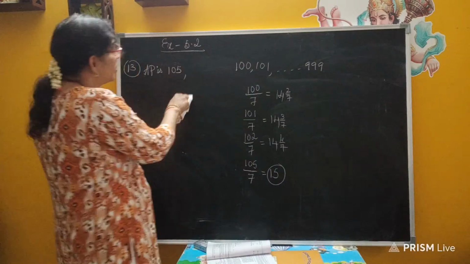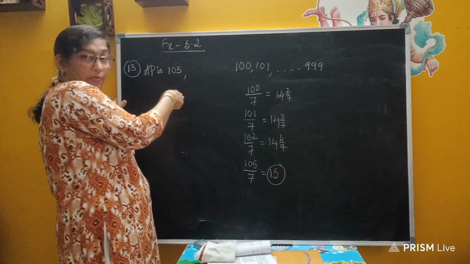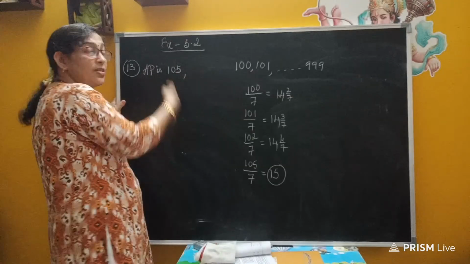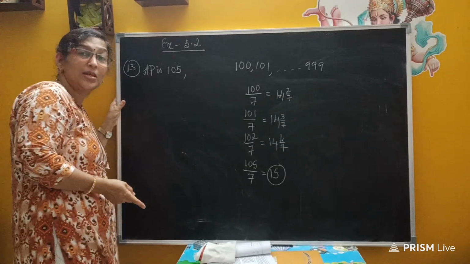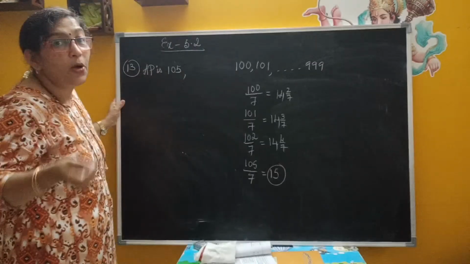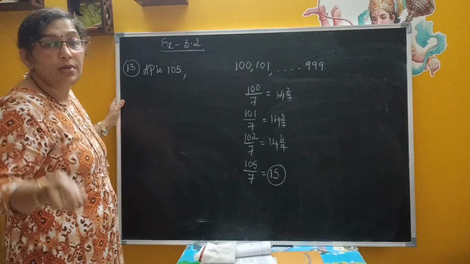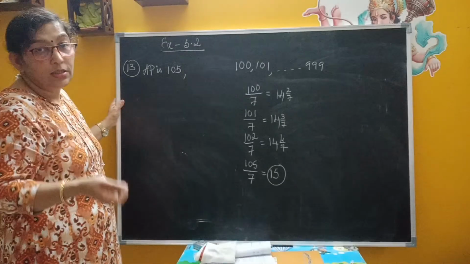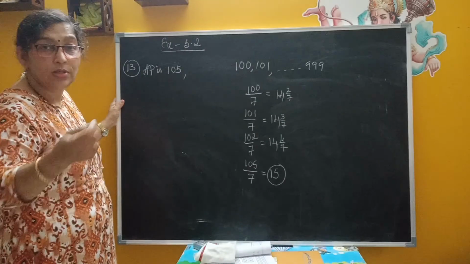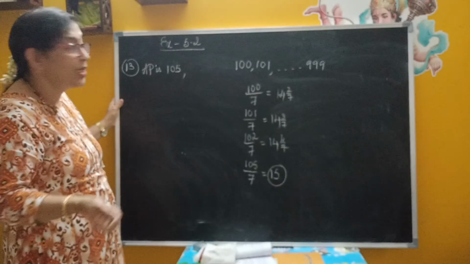Okay, so now the first term is 105. Each term increases by 7. You know how to get the table, isn't it? Multiplication tables. You keep on adding. 7, 7 plus 7 is 14, 14 plus 7 is 21, 21 plus 7 is 28, 28 plus 7 is 35, which is 7 fives are 35.